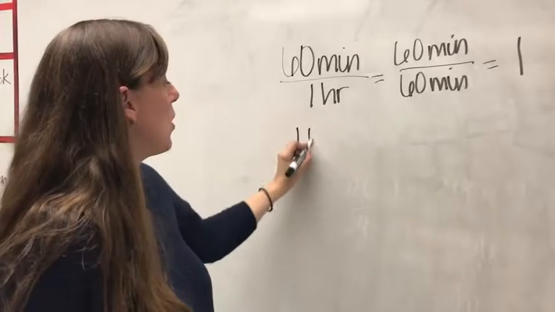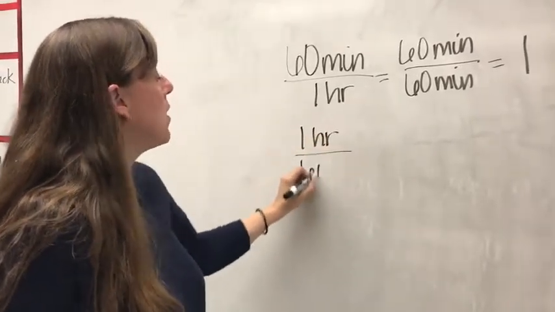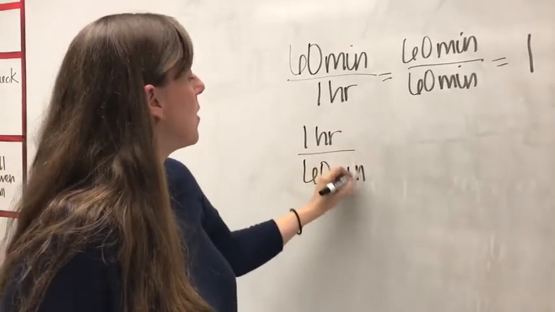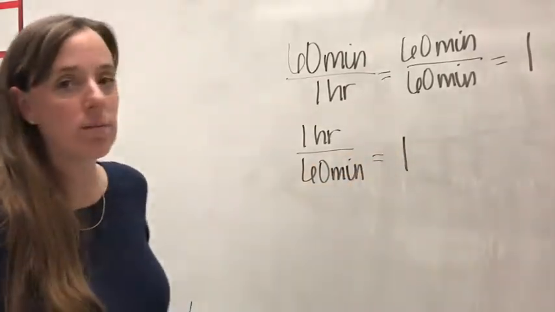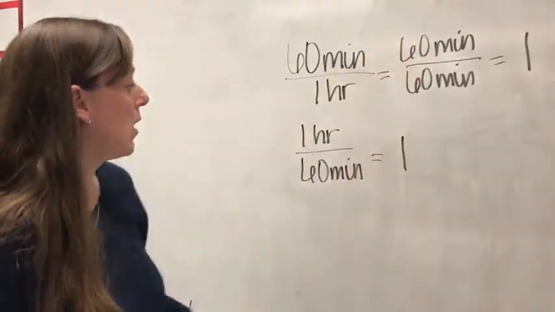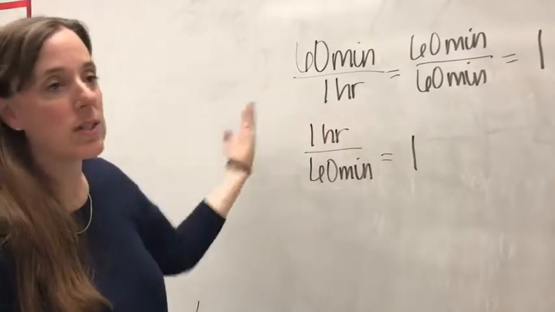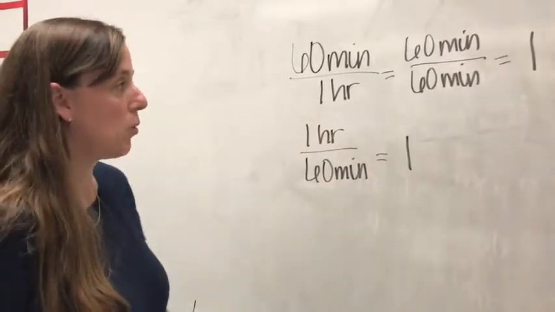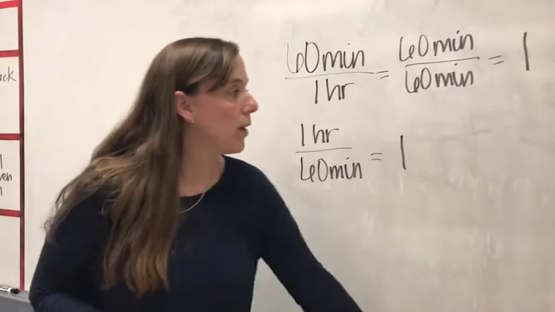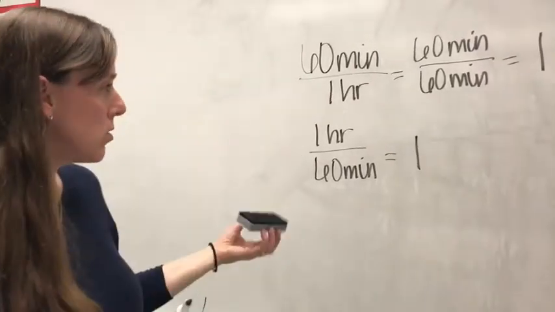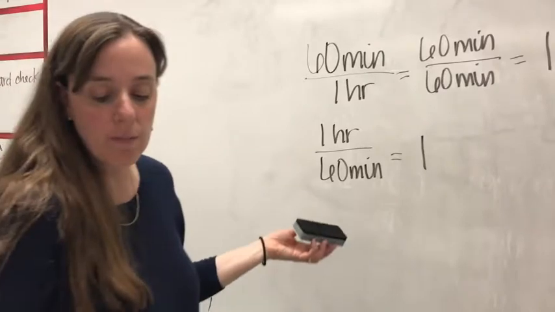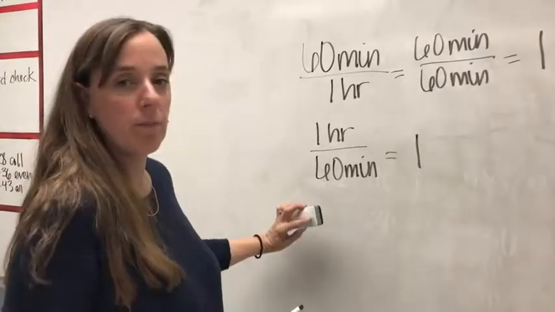And you can also say it like this, 1 hour is 60 minutes, and that also equals 1. Okay, for the same reason. Here, you can either have 1 hour on the bottom or 60 minutes on the top, and it still equals 1. Okay, this will become more clear in just a minute when we talk about our problem.